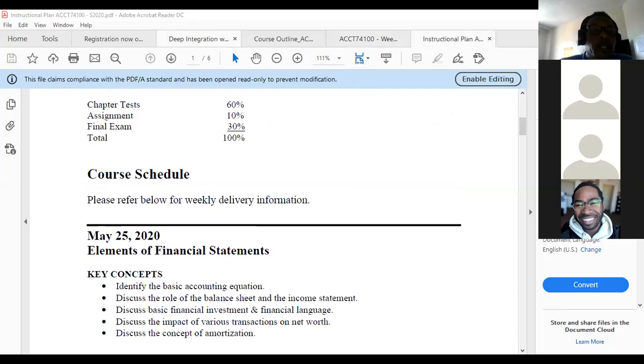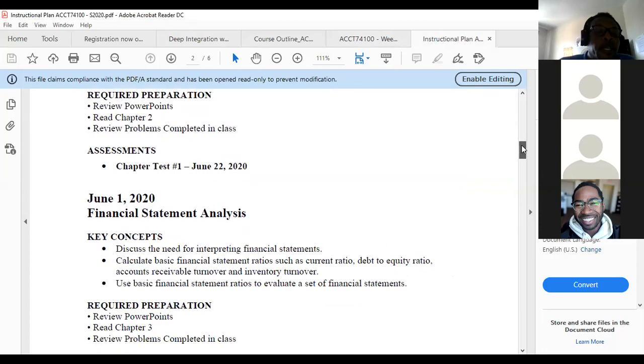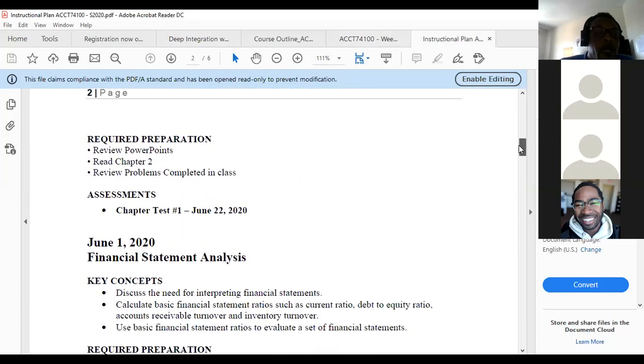You guys can take the time and go through it. It will give more details, and it tells the exact dates of your tests. For example, the first test will be on June 22nd.